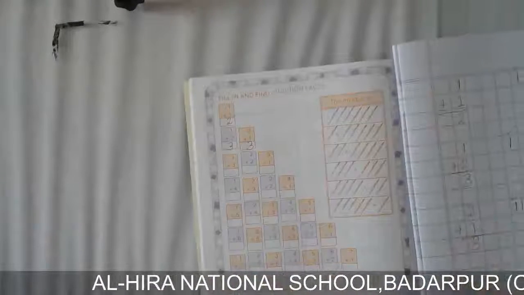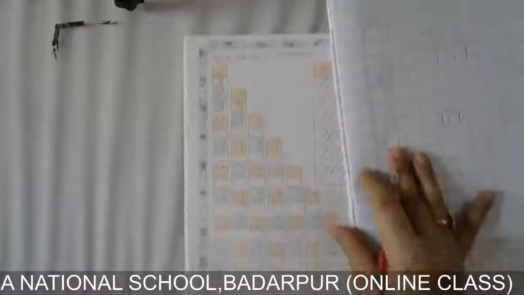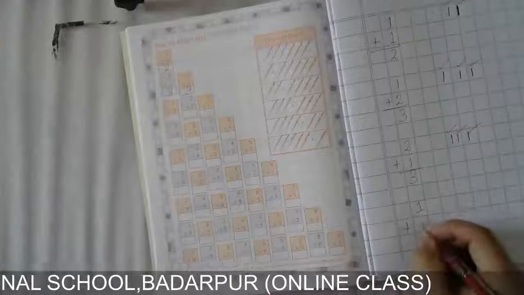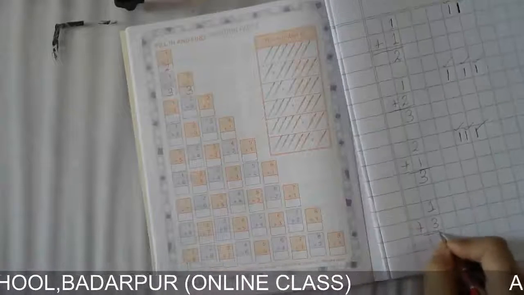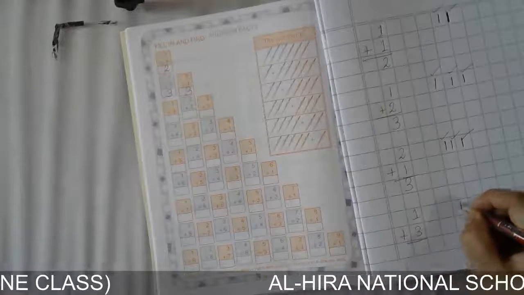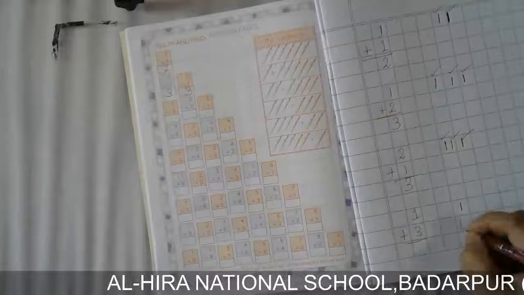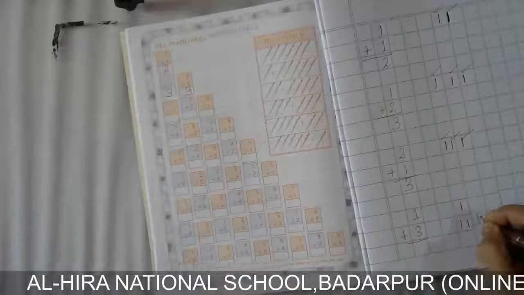Next 1 plus 3. How will you do this one? First the 1 is given, so put one line here. Afterwards 3. 1, 2, 3.